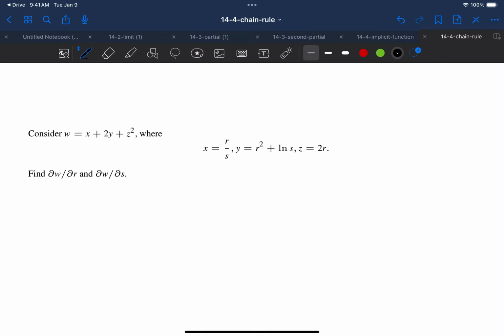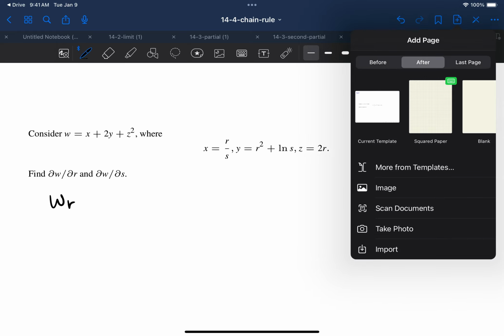Now, what is dw dr? We're going to leave the second question, dw ds, as our exercise. So let me first take another blank page.